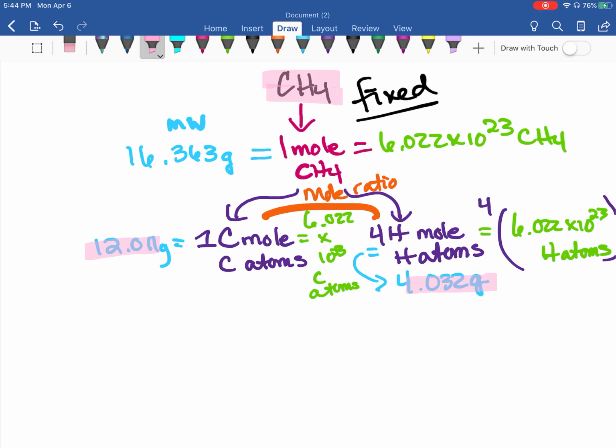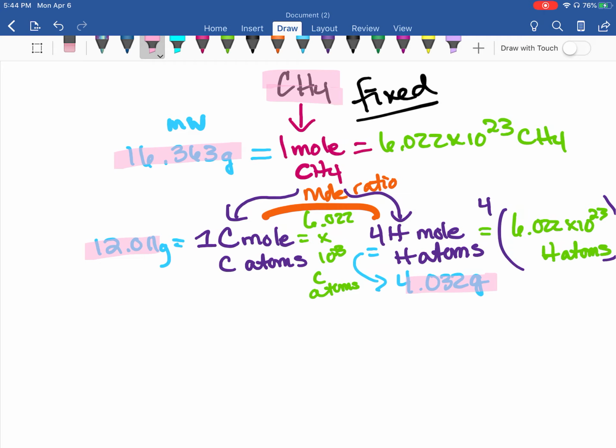So if our total molecular weight is 16 grams, out of all of that, which one's heavier, carbon or hydrogen? Carbon. So most of that 16 grams is actually coming from carbon. This will never change. If we put this in a percent, it will be the same whether you have a drop of methane or a bucket full of methane or a barge full of methane.